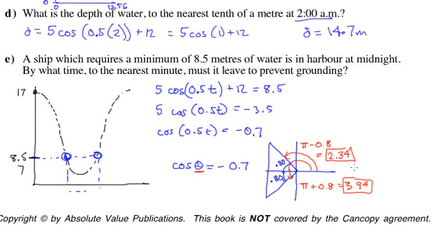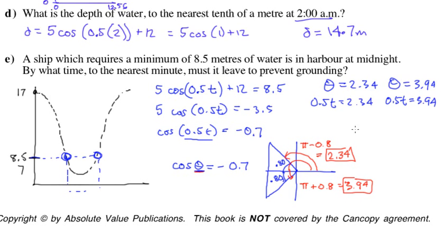Okay, if you're all right with these angles, that's what we would do if this was just theta. But wait, the angle isn't just theta, it's 0.5t. So instead of saying theta equals 2.34 or theta equals 3.94, instead we're going to say where theta used to be, we actually have 0.5t is 2.34, or 0.5t is 3.94.